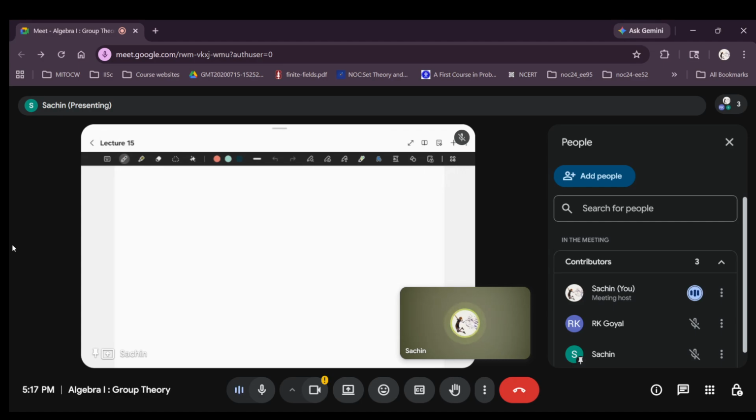We'll start with fields today. Of course, I've already defined what a field is. From our perspective, a field is nothing but a ring in which all the non-zero elements have a multiplicative inverse.